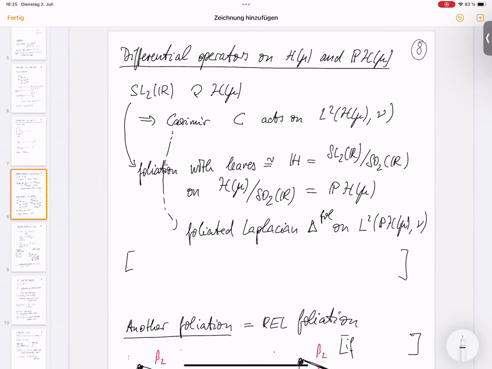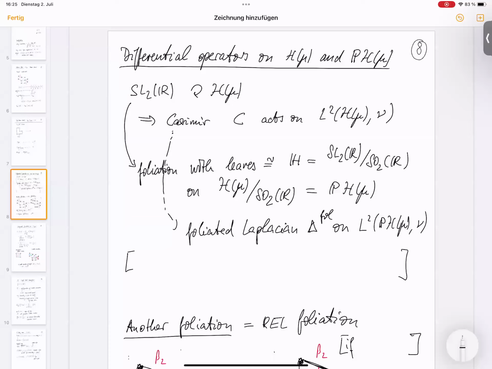What does it mean to study? Now, how did the study start on the modular surface? On the modular surface, or more precisely on its unit tangent bundle, which is the analog of H of mu, we also have an action of SL2R. And how did the Laplacian enter the picture?